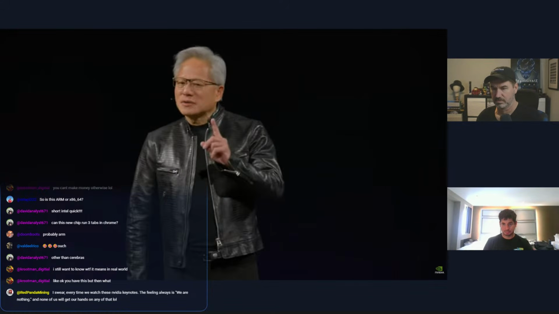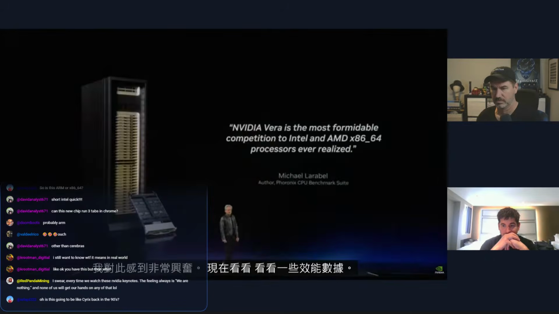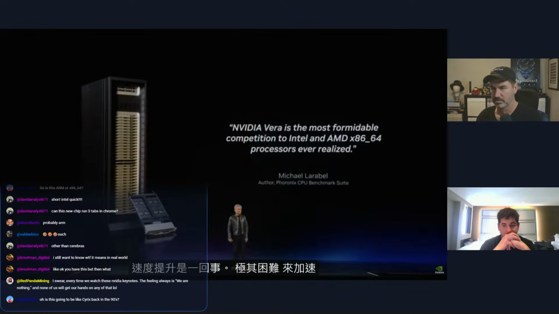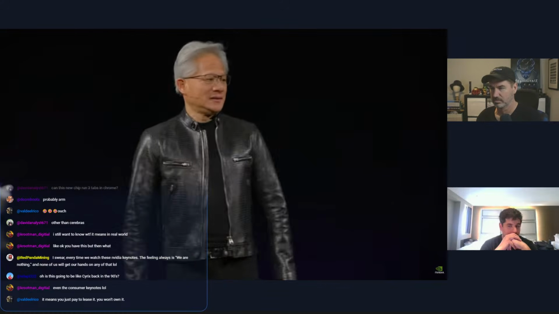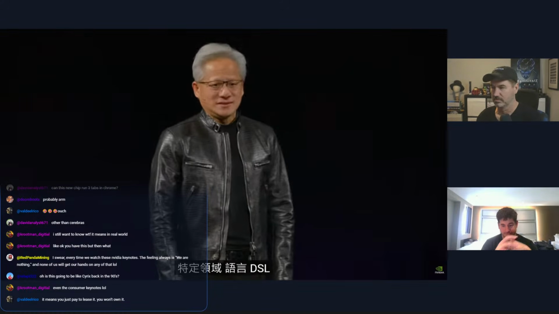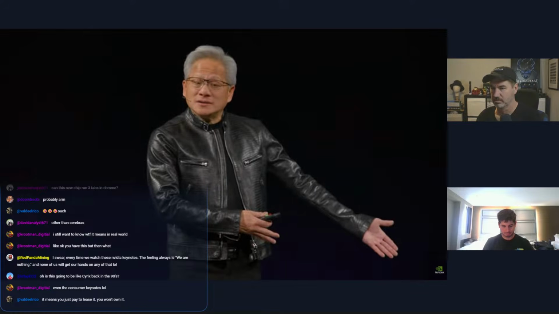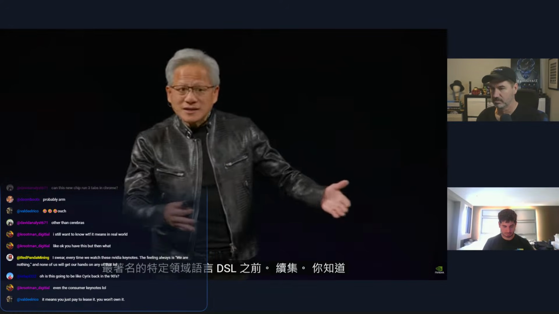Now look at some of the performance numbers. Speedups is one thing. It is extremely hard to speed up SQL. SQL, the most famous domain-specific language, DSL, that has ever been created. Before SQL, before CUDA, there was SQL.